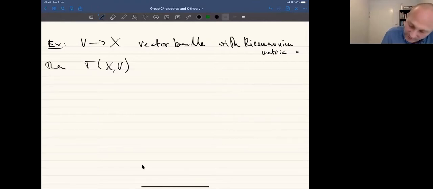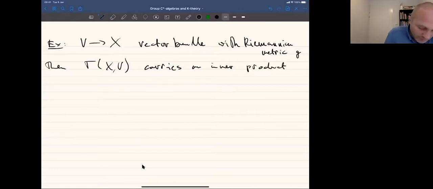Let's call the Riemannian metric G. So if I take two sections, S1 and S2, I want to construct from that a function.